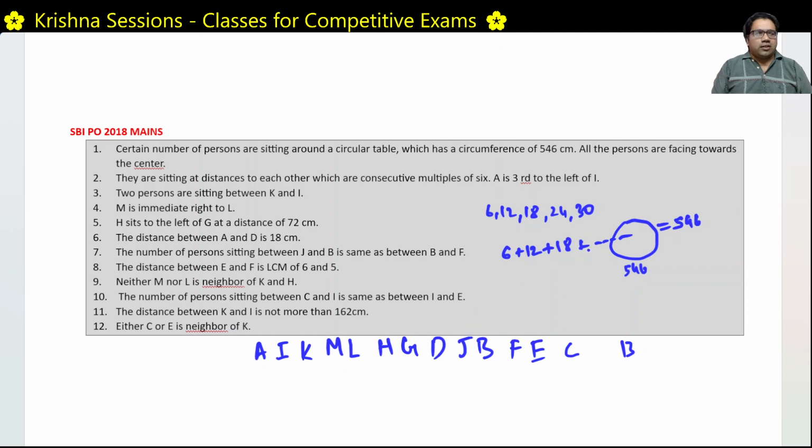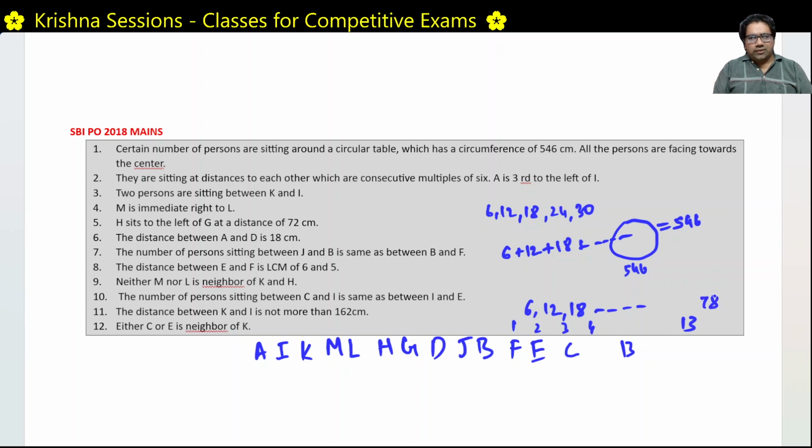So now 546 is the total circumference. If you observe 6, 12, 18, whatever. If you start with 6, then between the first two persons it is 6, between the second and third it is 12. Let's say there are 13 persons.